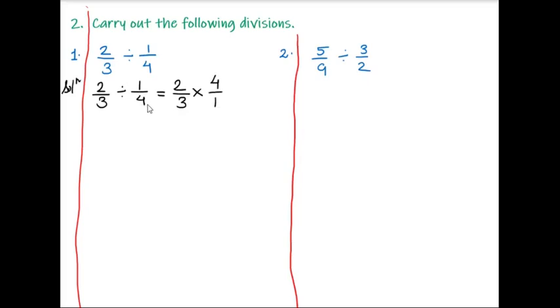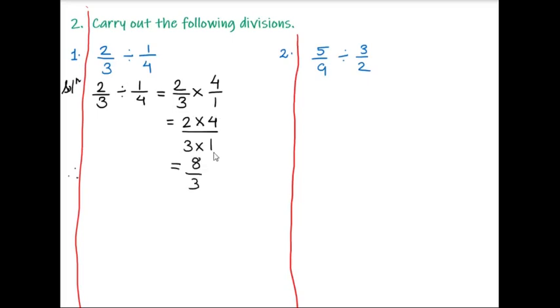Now we have learned how to do the multiplication. Numerator multiplied by numerator, denominator multiplied by denominator. That is equal to 2 multiplied by 4 upon 3 multiplied by 1, that is equal to 2 fours are 8 and 3 ones are 3.